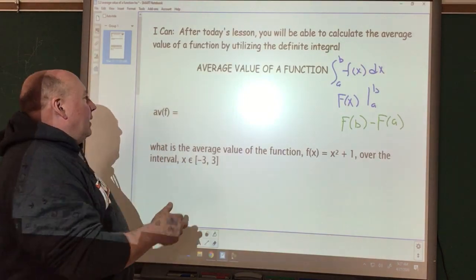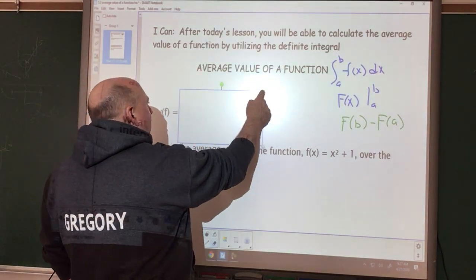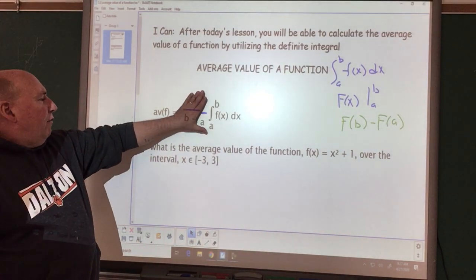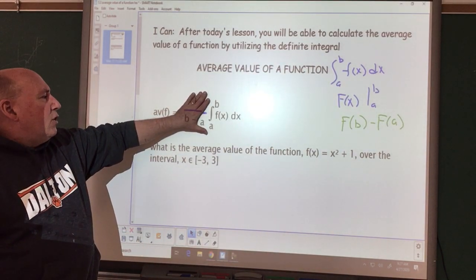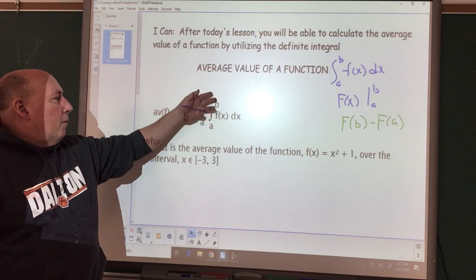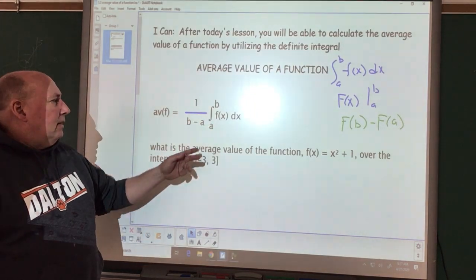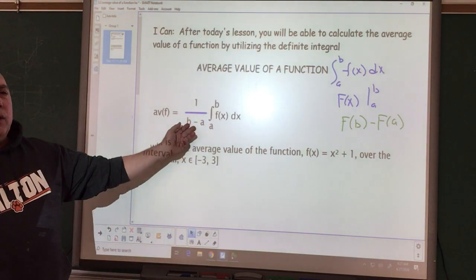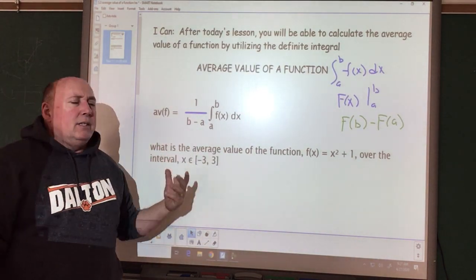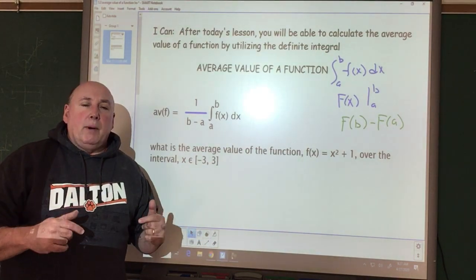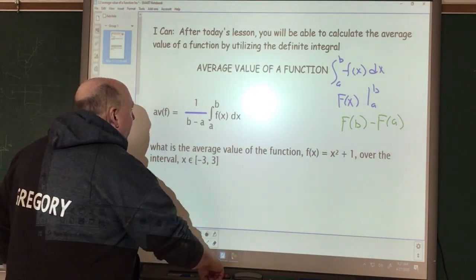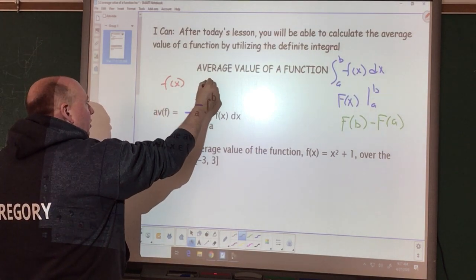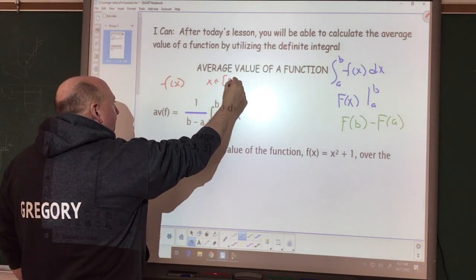Well, that's what we'll be dealing with today, the average value of a function. The average value of the function is the definite integral from a to b of the function f of x dx, but then we have to multiply by 1 over b minus a. We have a function f of x. We have an interval from a to b.